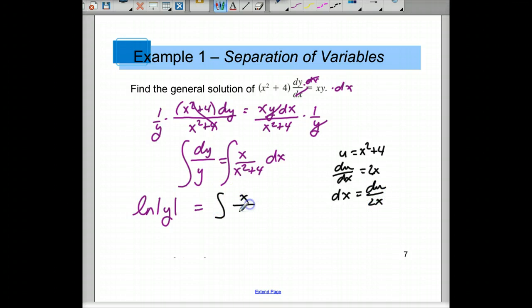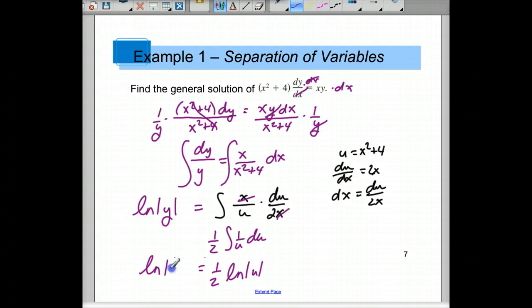Substitute that in so those x's cancel. Pull the 1/2 out so we have the integral of 1 over u du, which is also natural log of the absolute value of u. And then we're going to do plus c.